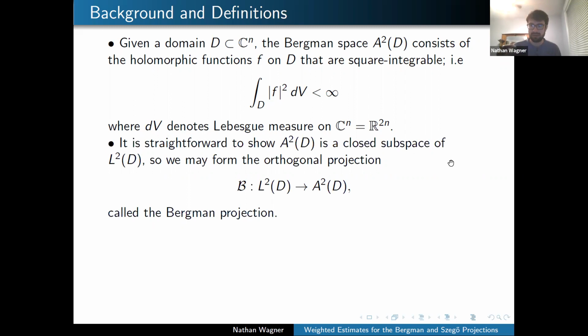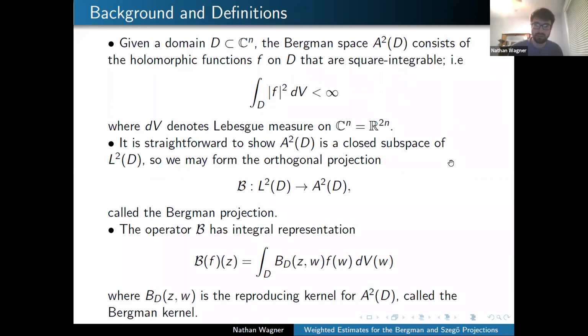And then just by basic Hilbert space theory, you know that anytime you have a closed subspace in a Hilbert space, there exists an orthogonal projection, in this case from L2 to A2. And this operator is called the Bergman projection. You can also show, using the Riesz representation theorem from functional analysis, that you get an integral representation of the Bergman projection.